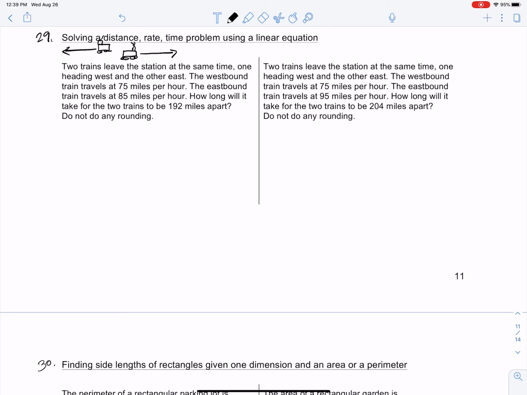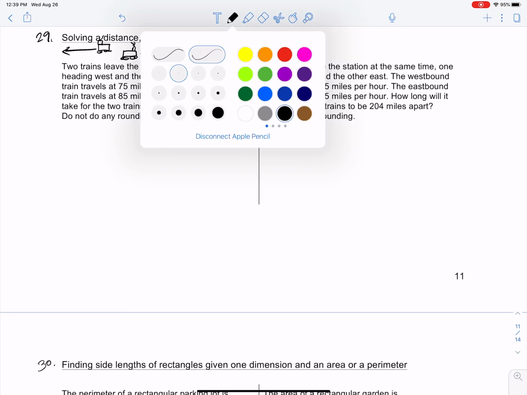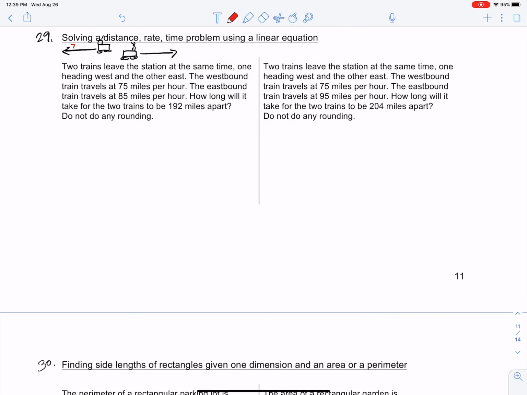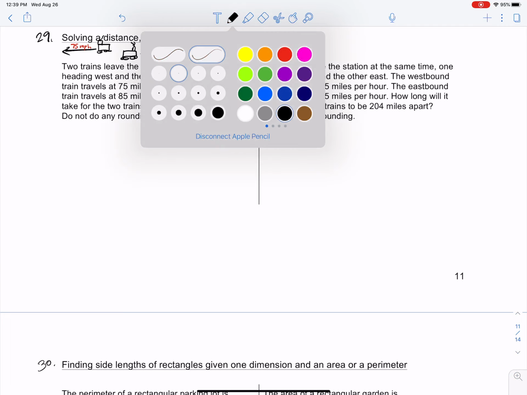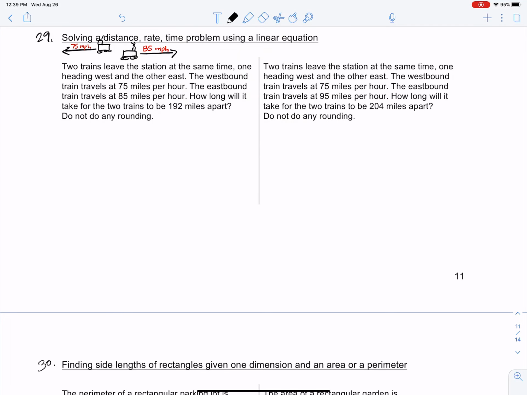The westbound train is traveling at 75 miles an hour. I'm just going to put this in red. 75 mph. The eastbound train is traveling at 85 miles per hour. And it's asking us how long does it take the 2 trains to be 192 miles apart.